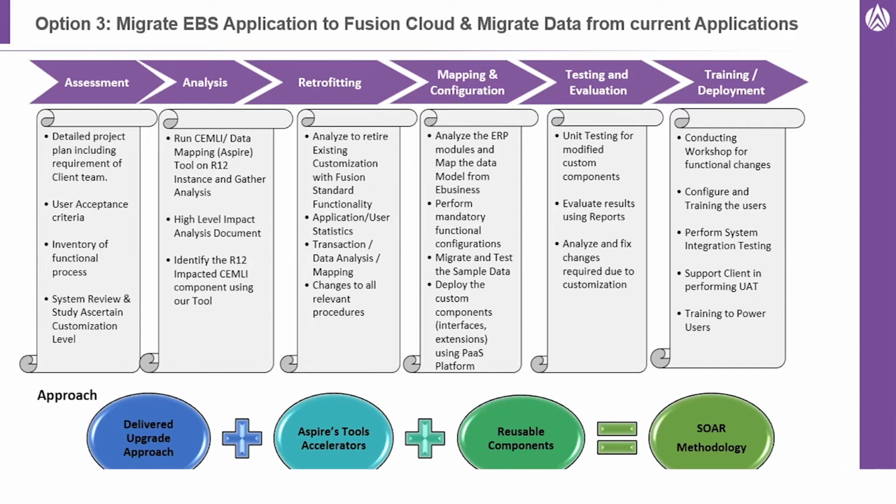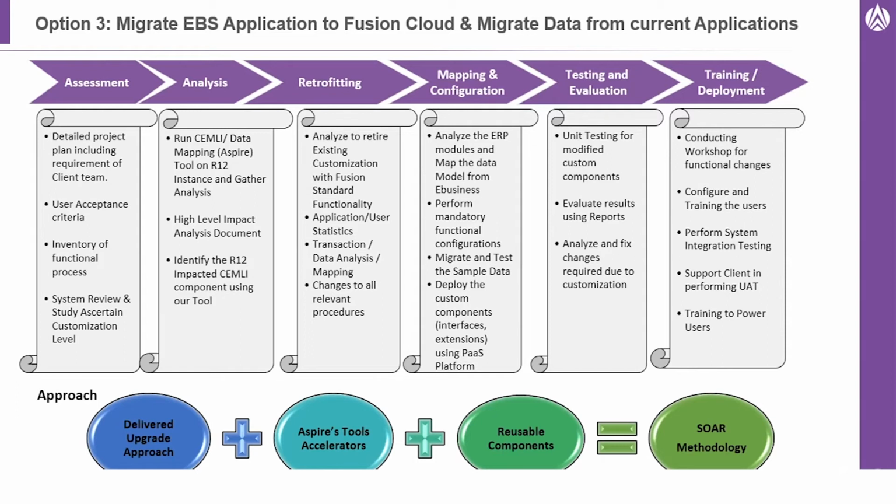So we can sit with them and understand the existing customizations and map them to the standard features of Oracle Fusion Cloud. And if we do not have an equivalent match of the functions and features, those unique, customer-specific customizations can be moved into a PaaS platform, integrated, and maintained well.